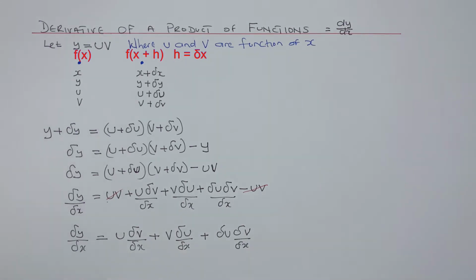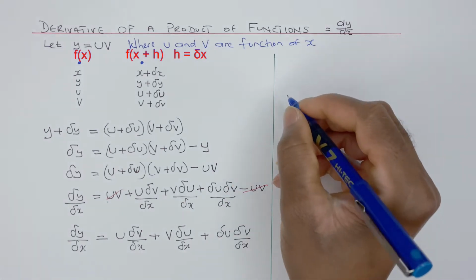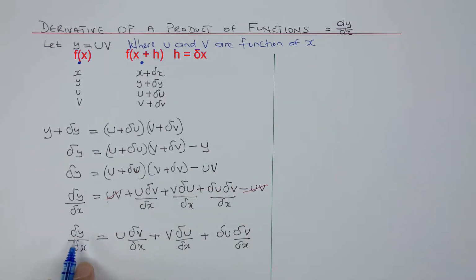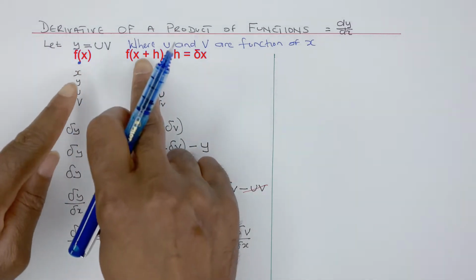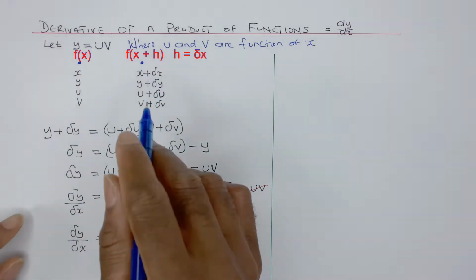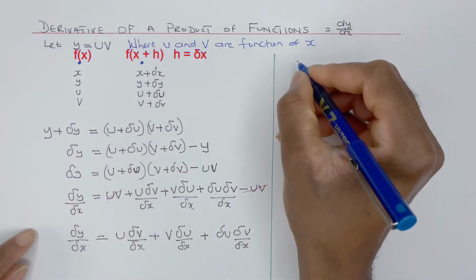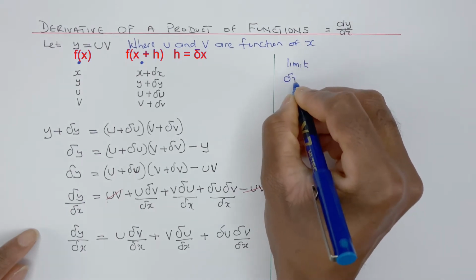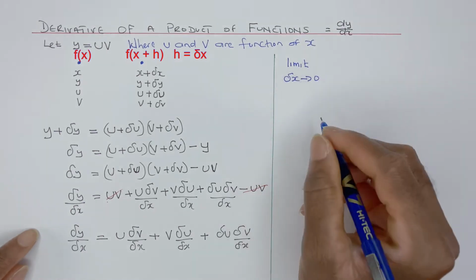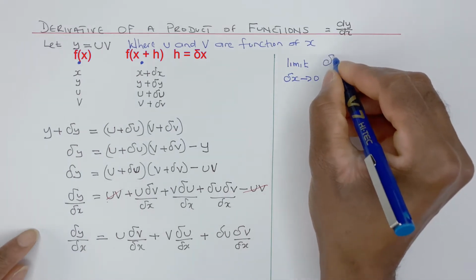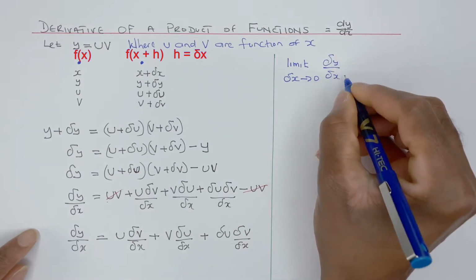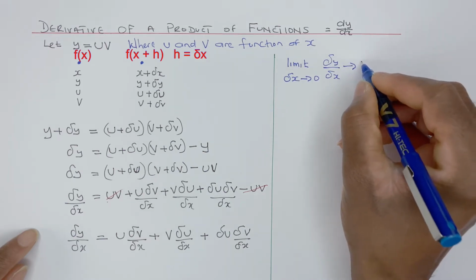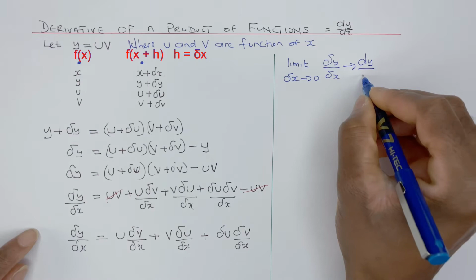So now we need to do it in the limit. You can only use delta when you are bringing those 2 points so close together that the difference between them is infinitesimally small. So we have to use a limit here, where delta x tends to 0, and therefore delta y over delta x tends to dy over dx.